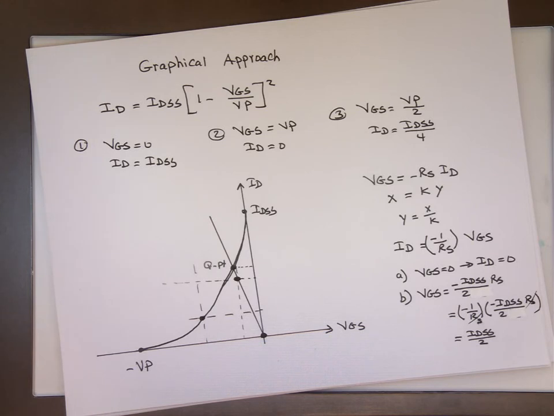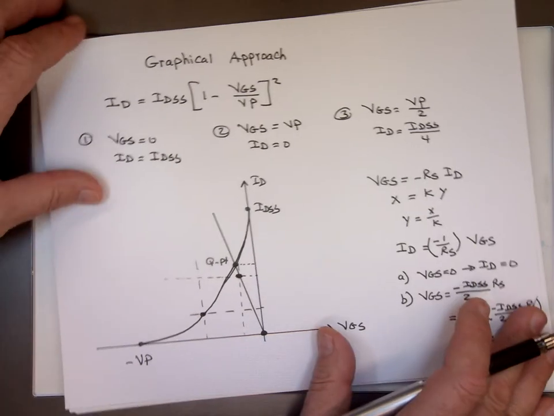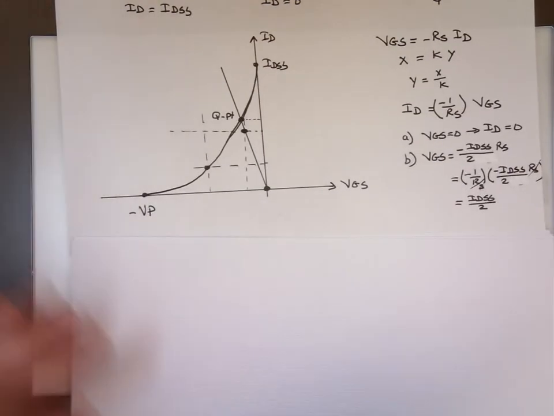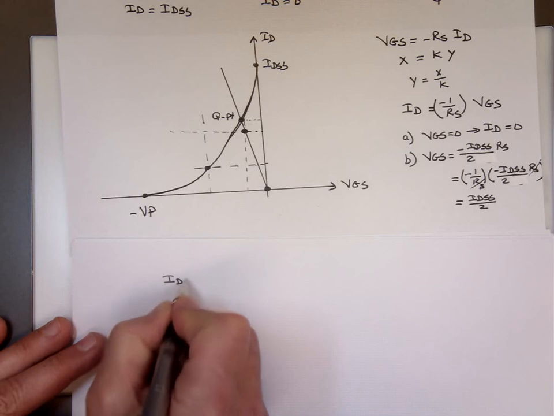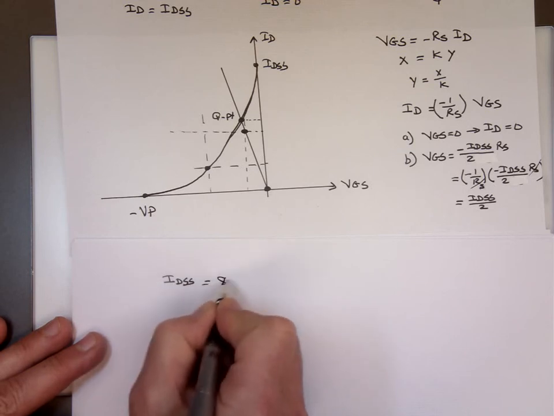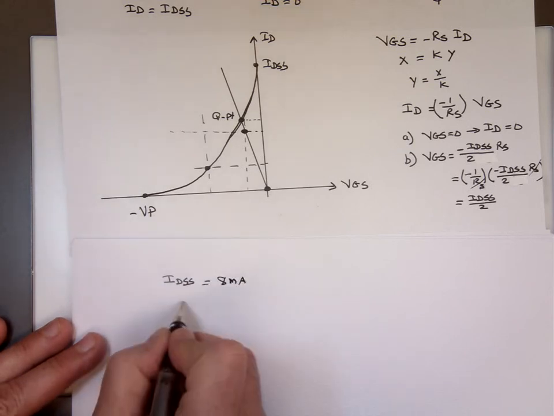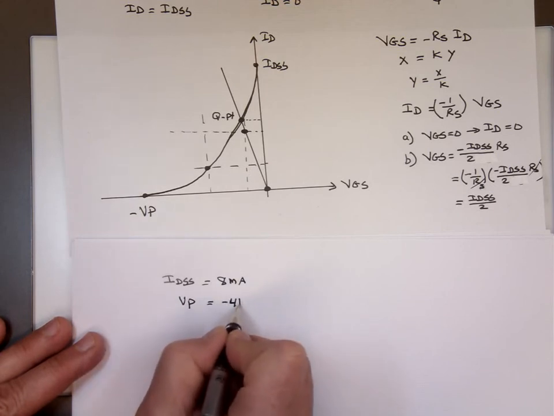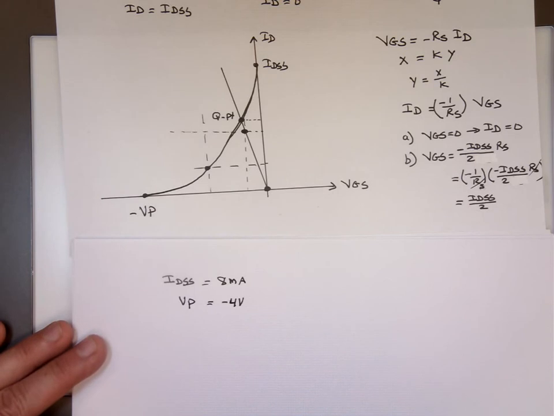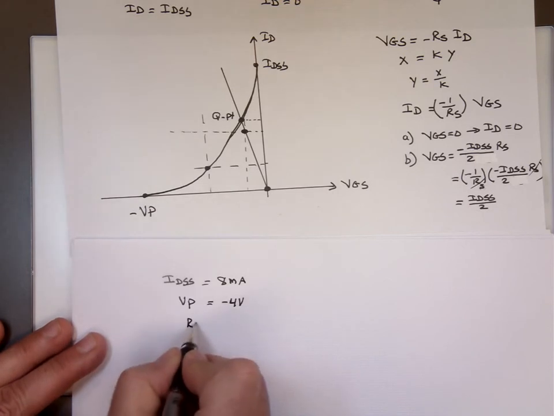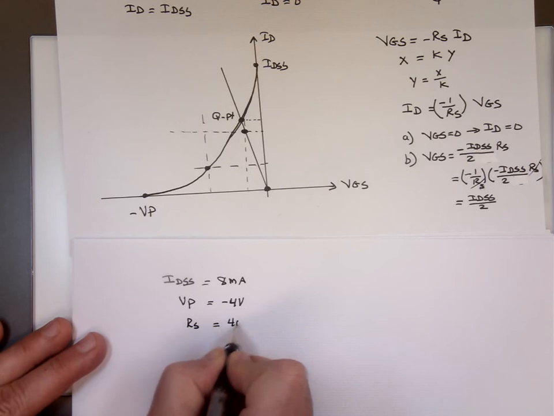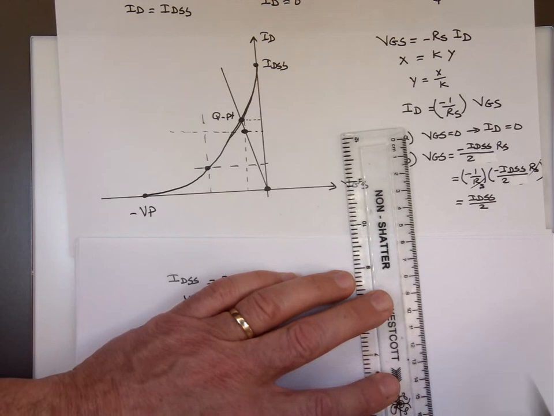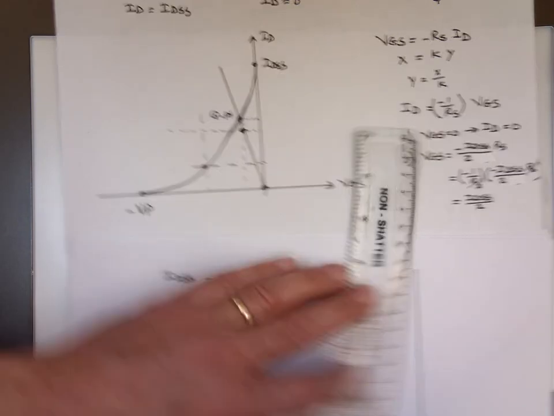So let me give you some numbers quickly, just to show you how much easier. Let's assume I sub DSS here equals 8 milliamp. Let's assume VP equals negative 4 volts. And let's assume R sub S, I don't know, equals 400 ohms. So my operating point here is going to be what?